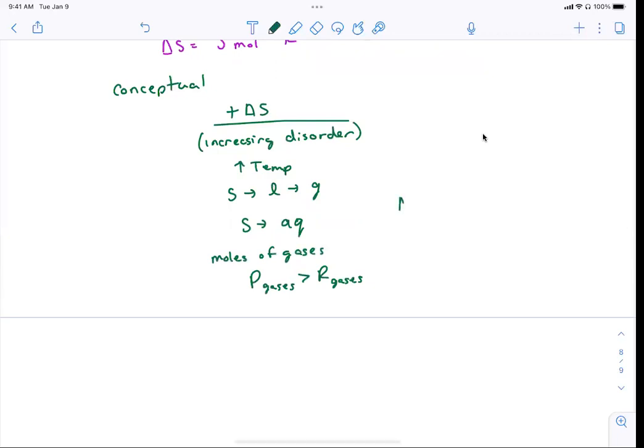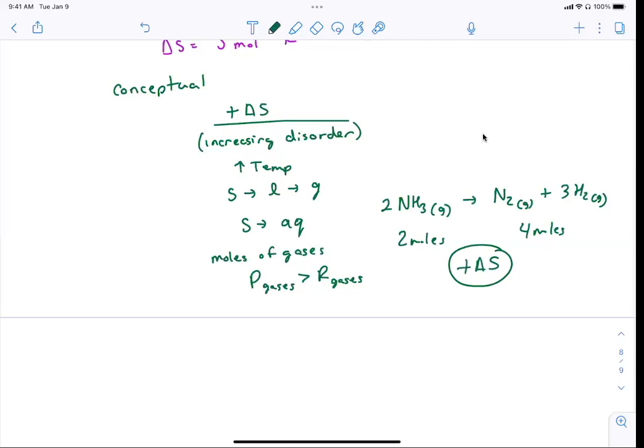So if you see something like NH3 gas going to N2 gas plus 3H2 gas, that's 2 moles of gas going to 4 moles of gas. So this should have a positive entropy. The difference in moles of gas doesn't affect the actual entropy. It's just that 4 is greater than 2, so you have more products, so you're getting more disorder. The more gas molecules you have, the more disorder that's possible.